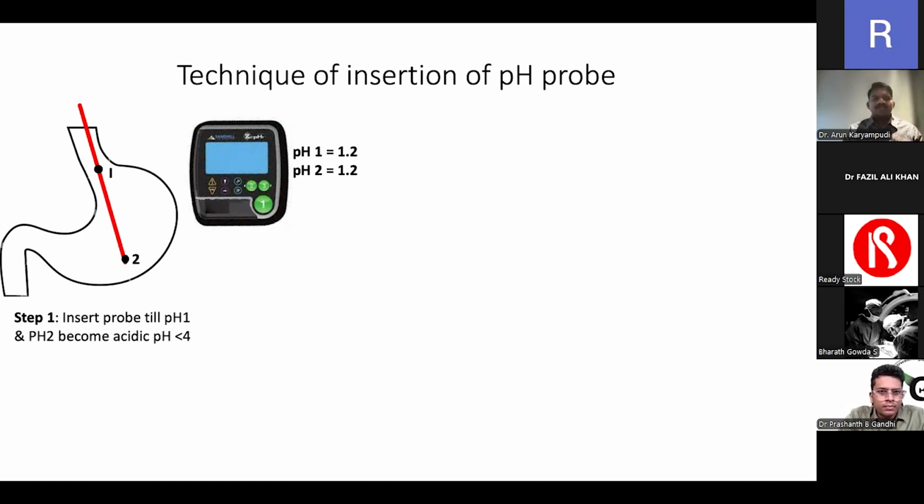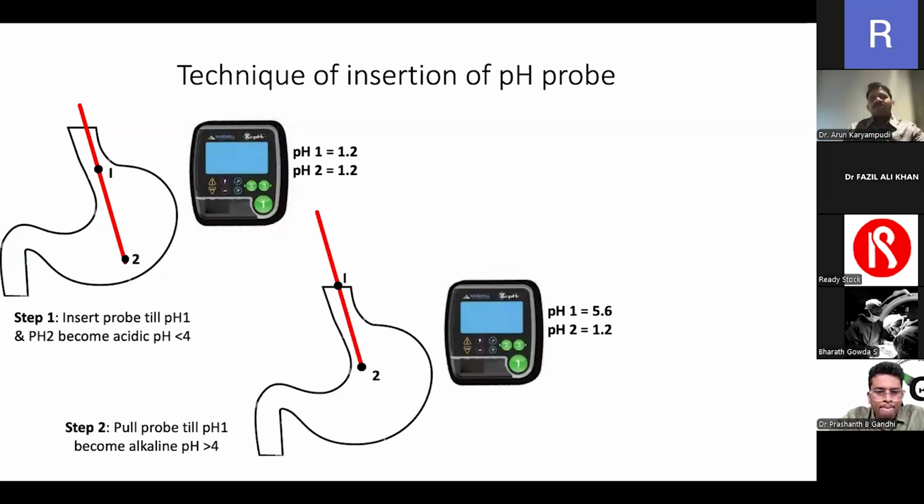You can see here in the first picture, pH 1 is the esophageal pH sensor and pH 2 is the gastric pH sensor. When both these sensors are in the stomach, both will show you acidic values, that is below 4.